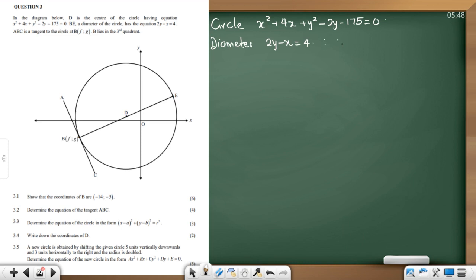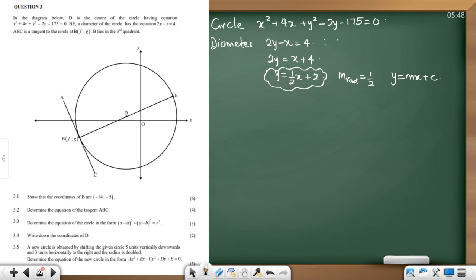It's a straight line, so we can rewrite it: 2y equals x plus 4, which gives y equals half x plus 2, because I'm dividing all the terms by 2. So the gradient of the diameter, or of the radius which is part of the diameter, is half, because we're using y equals mx plus c.